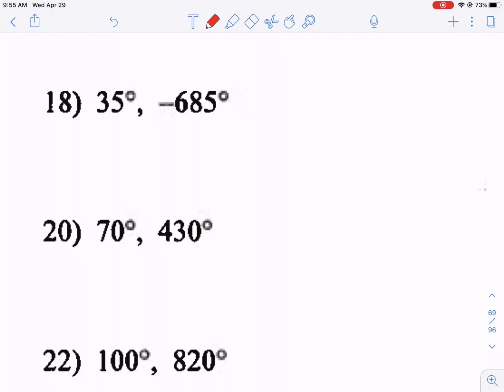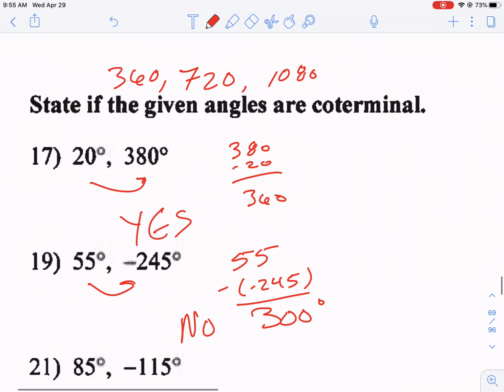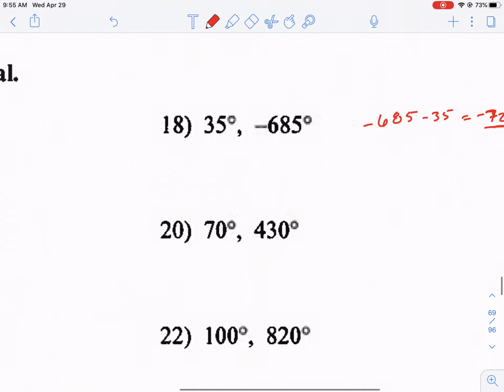So if I take, and I could go the other direction, negative 685 minus 35 is negative 720. And as long as it's either a positive or negative version of one of these numbers, then yes. Because you can either go forward around the circle or you can go backwards around the circle. It doesn't matter. You still land in that same spot.